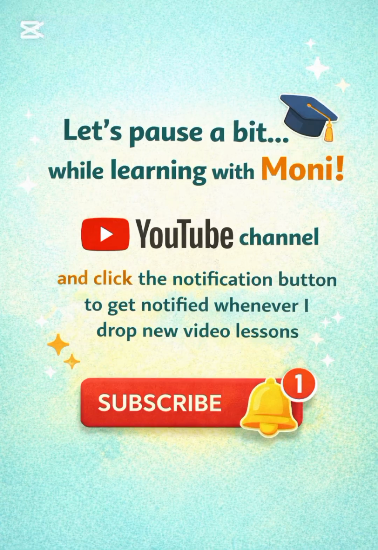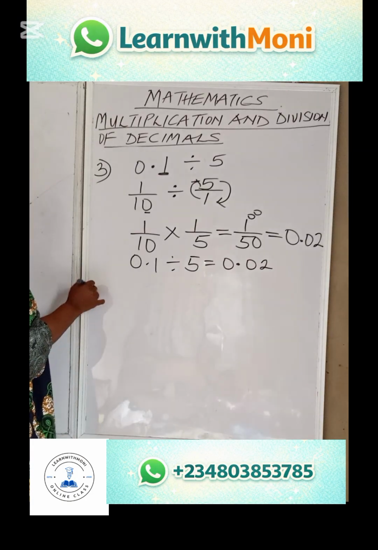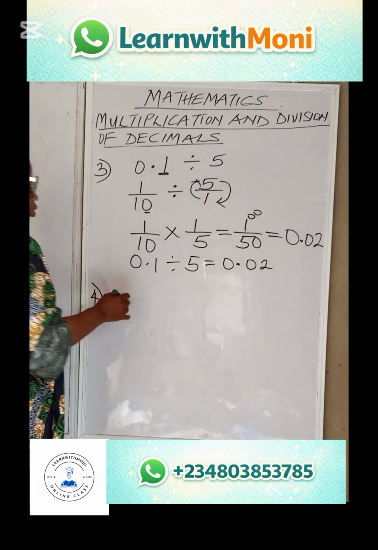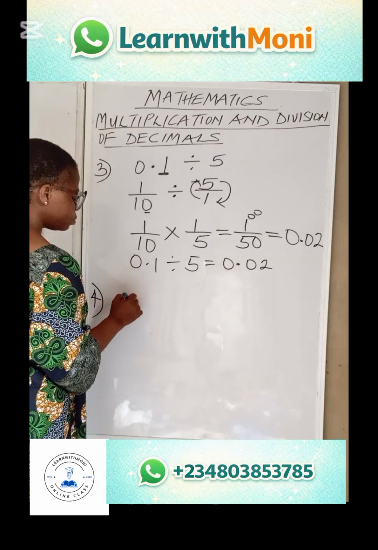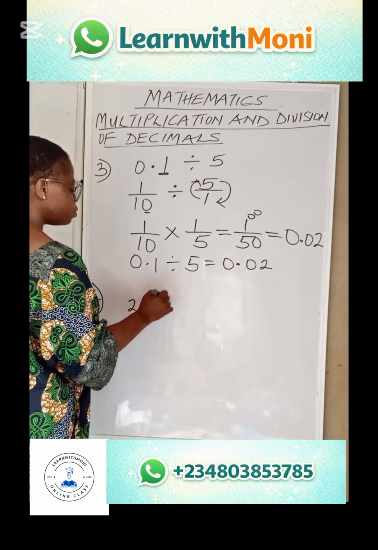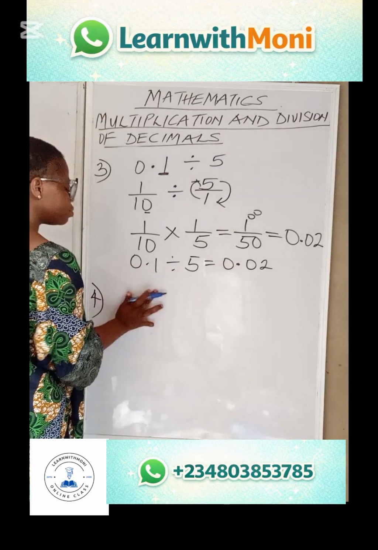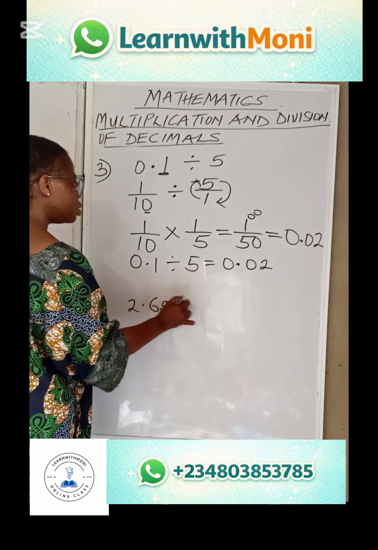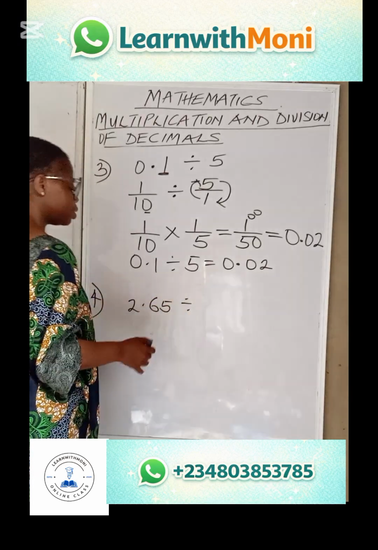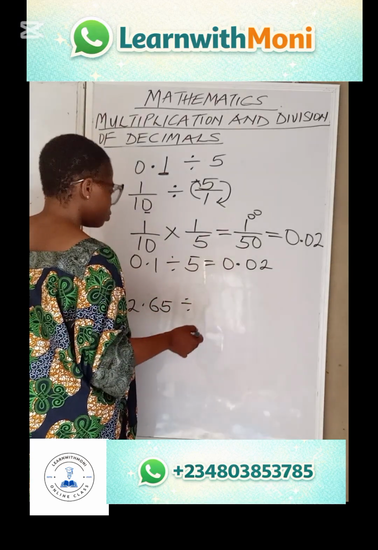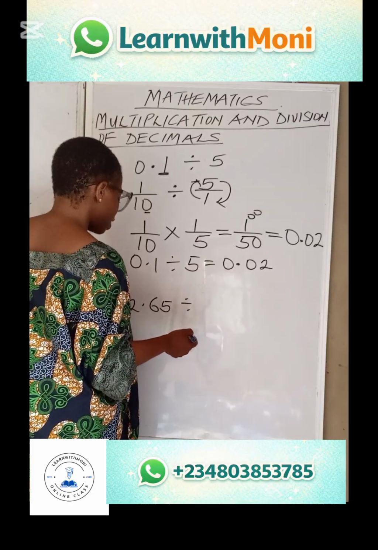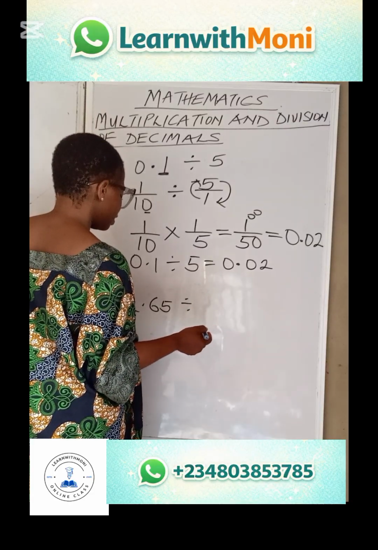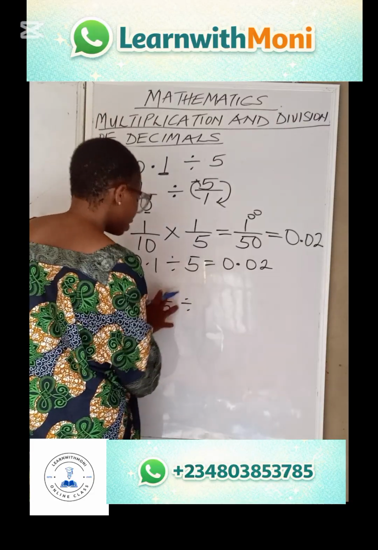Let's see another situation where I have 2.64 divided by 3. Let's divide with a whole number as well.